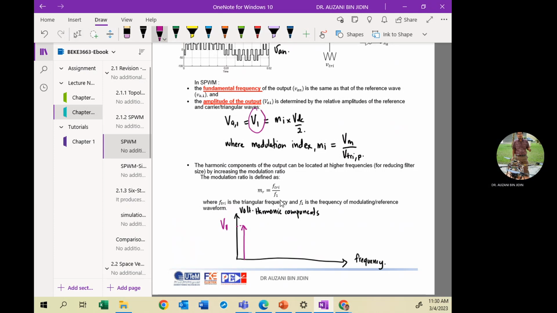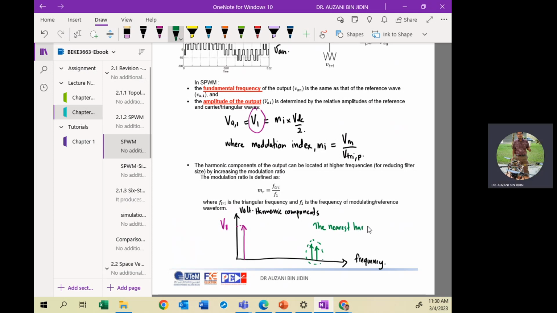But to adjust the location of the harmonics, maybe I sketch with green color here. This is the nearest harmonic, the one nearest to the fundamental component.